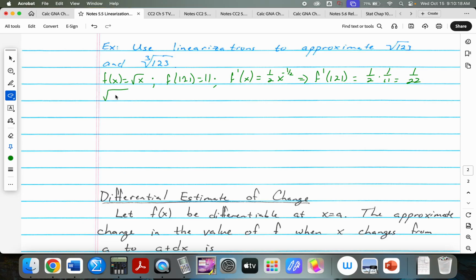So the square root of 123 is f of 123, which is approximately equal to L of 123, which would be equal to 11 plus 1/22 times 123 minus 121.